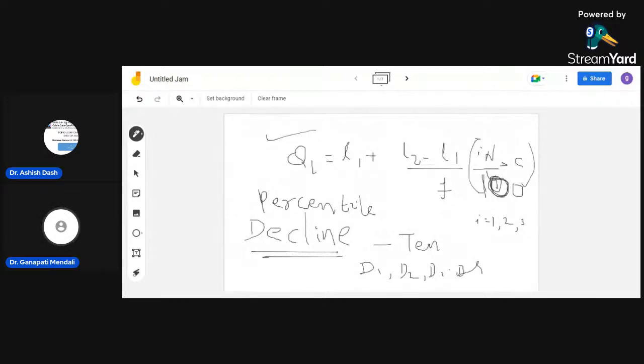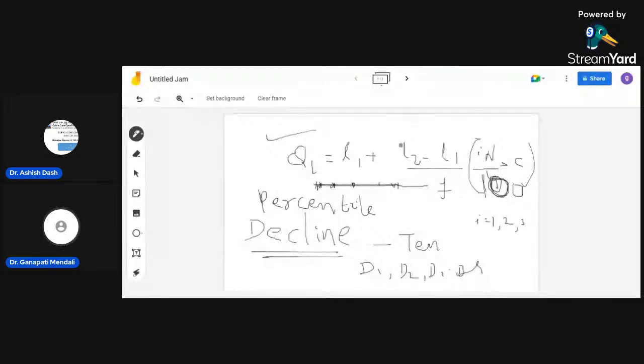Suppose we divide the data into four equal parts: first quarter, second quarter, third quarter, fourth quarter. We can only calculate quarter one, quarter two, like that, but this value will not have much significance.